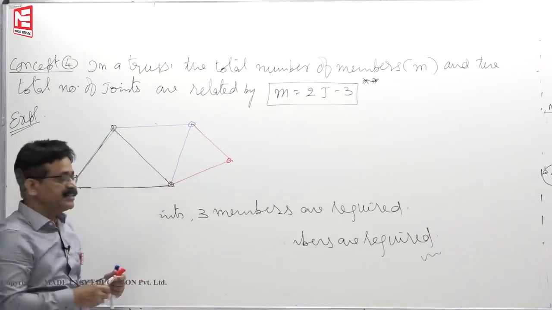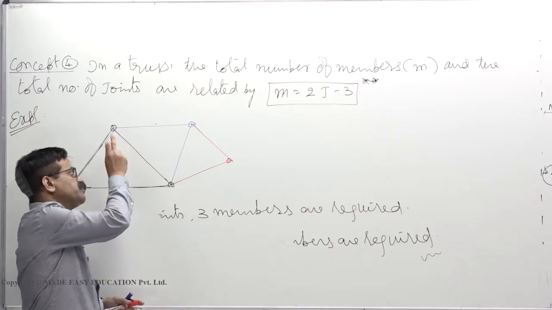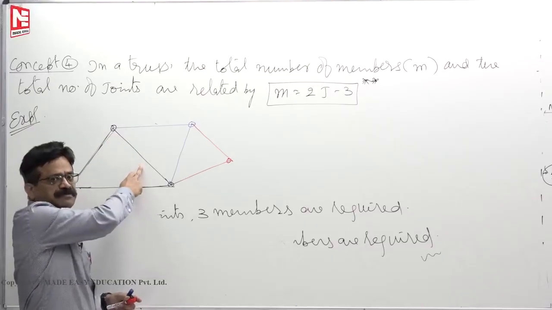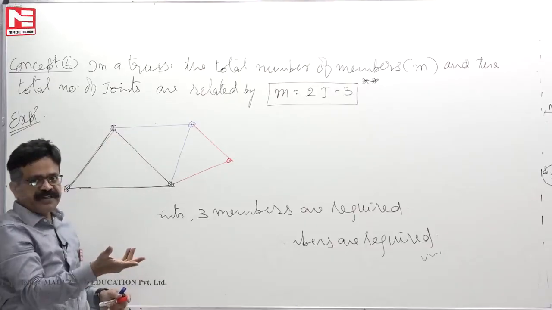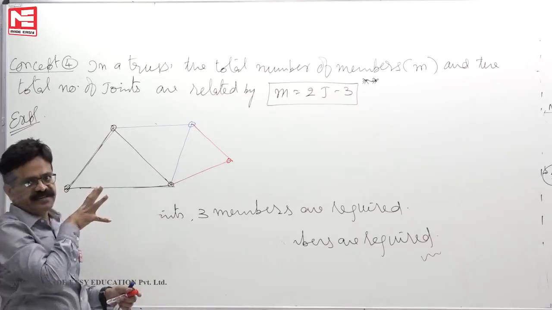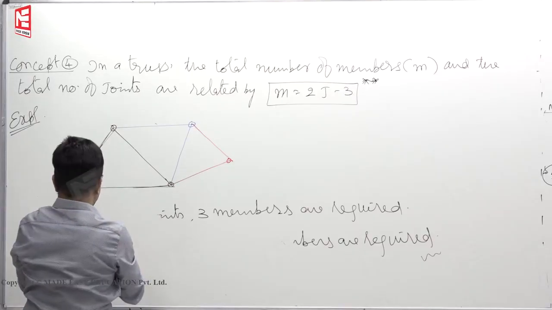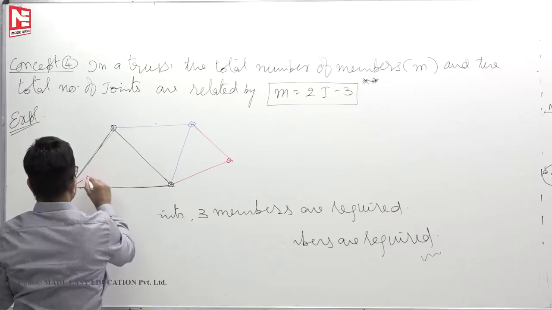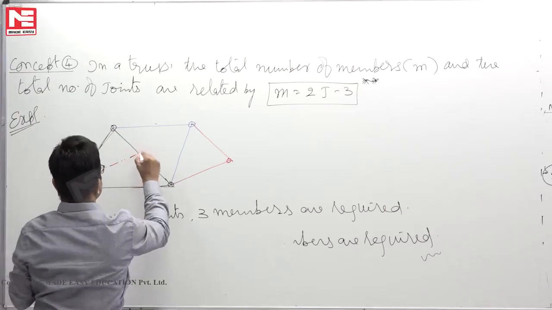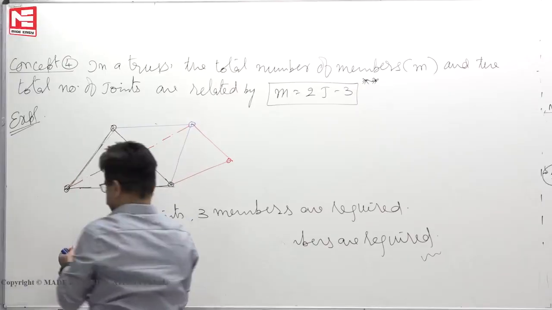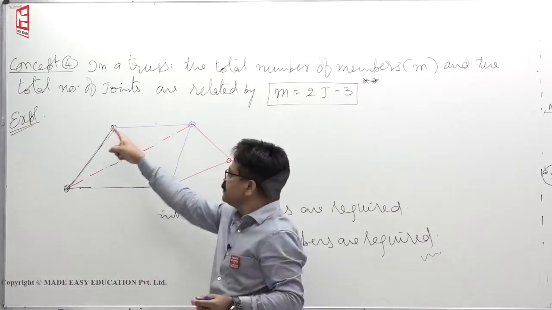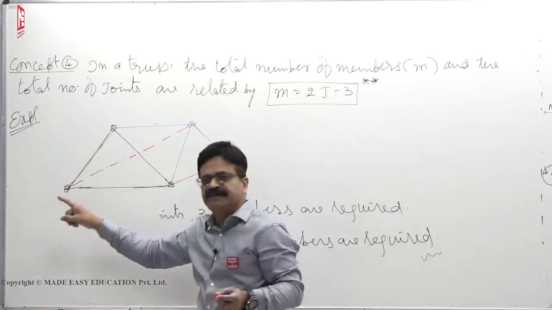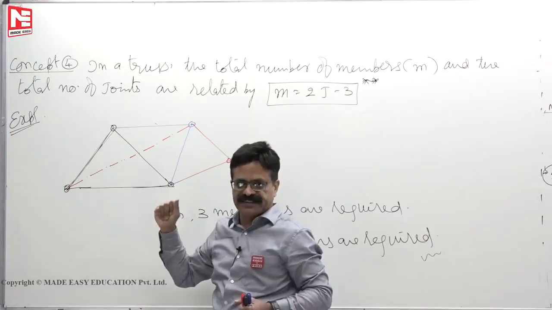In such cases, if there is a possibility of failure of one member, then to protect the entire structure, we add one more member here like this. This is one additional member. In case this member fails, this member will take care of the stability of the structure.